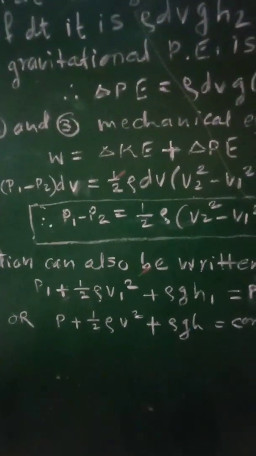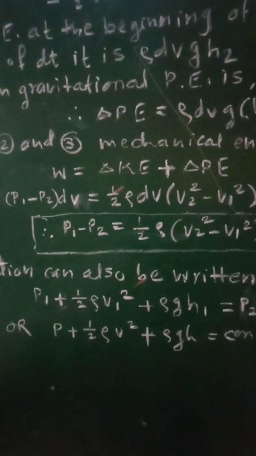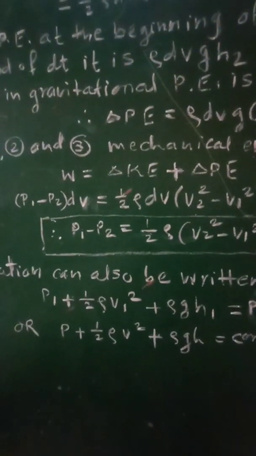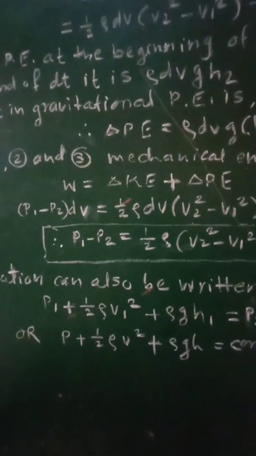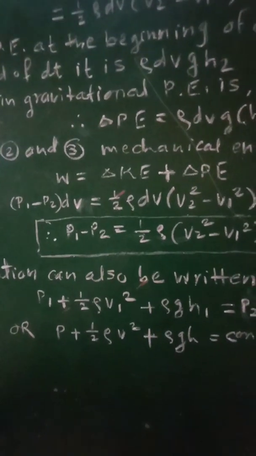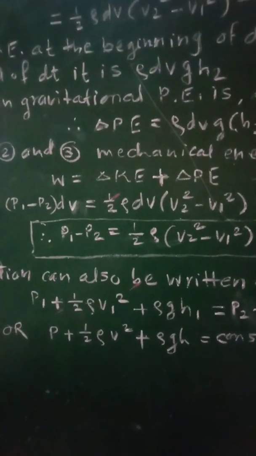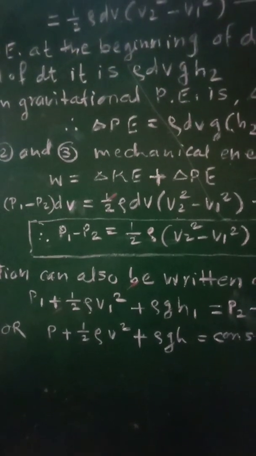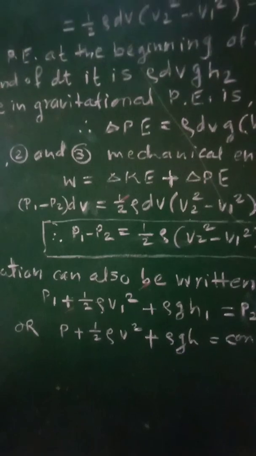From this equation, Bernoulli's principle can be stated as: the work done per unit volume of a fluid by the surrounding fluid is equal to the sum of the changes in kinetic as well as potential energies per unit volume which occurs during the flow.